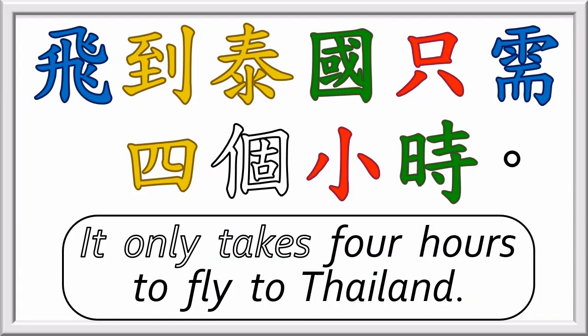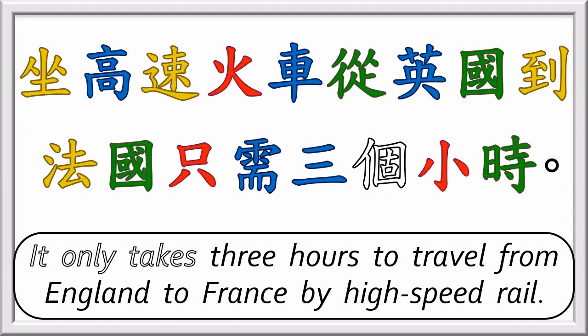It only takes 4 hours to fly to Thailand. 坐高速火车从英国到法国只需3个小时. It only takes 3 hours to travel from England to France by high-speed rail.